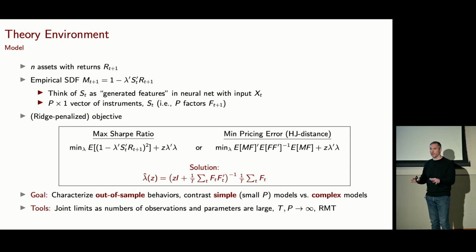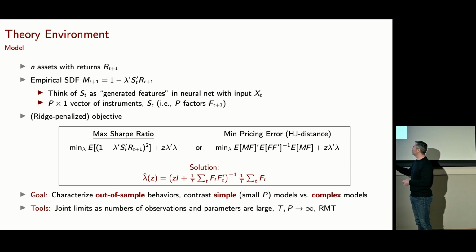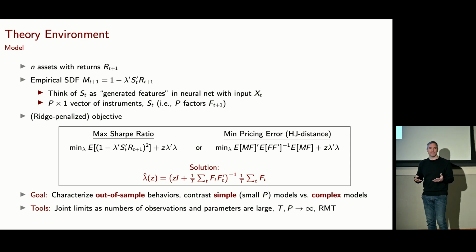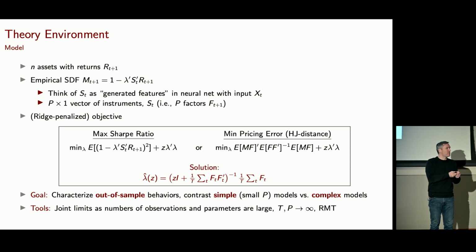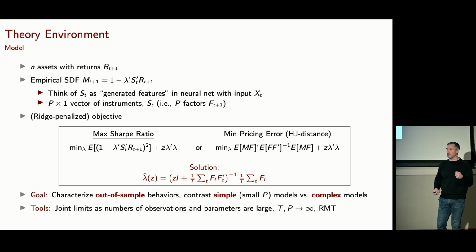That's what the work is in the paper, characterizing the SDF in that way. And in particular, I want to focus on this contrast between simple models with small p and complex models with very large numbers of parameters. Because we need to think about this as an environment where the number of parameters, p, is getting very large, but the data, T, is fixed, I need different limit theory than we have in traditional econometrics, right?